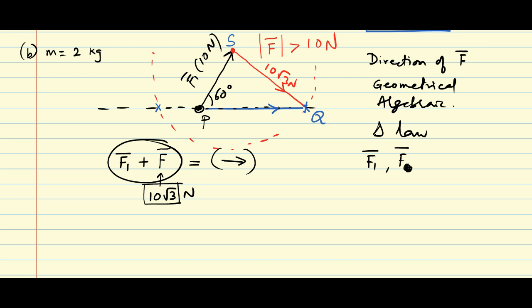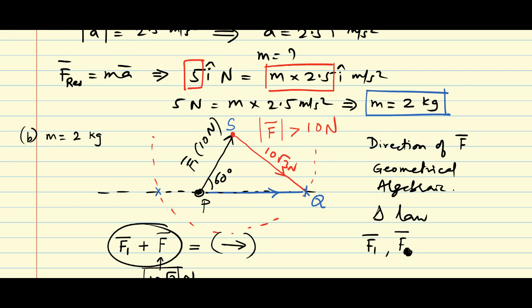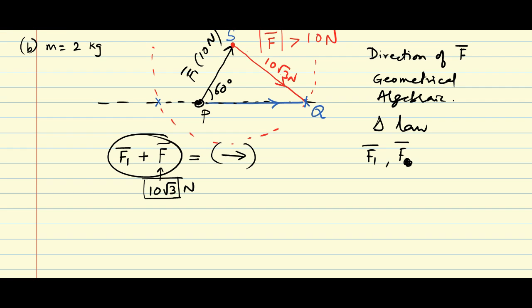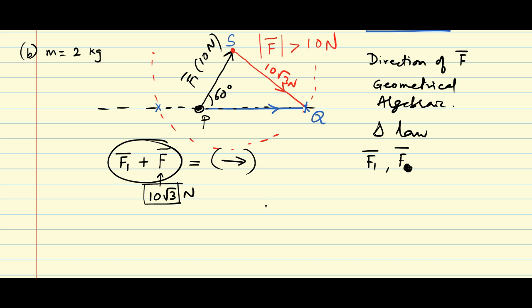And if you can think of even a single triangle whose this side is 10 newtons, this side is 10 root 3 newtons, and this angle is 60 degrees, then of course that must be the same as this triangle because it's a unique triangle.